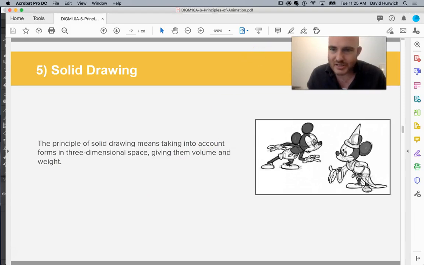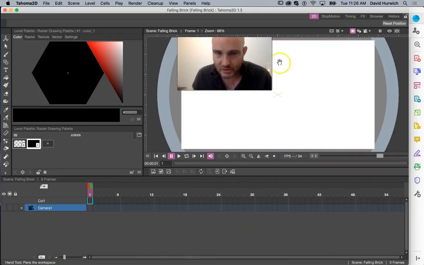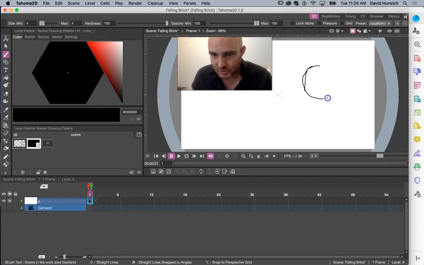Solid drawing is the idea of drawing something that has volume. So if you're trying to draw something, here I have a circle, right? The circle is flat, but if I do something like this, I'm starting to add three-dimensional depth to it. This is solid drawing versus if I drew something like this, where it's flatter.